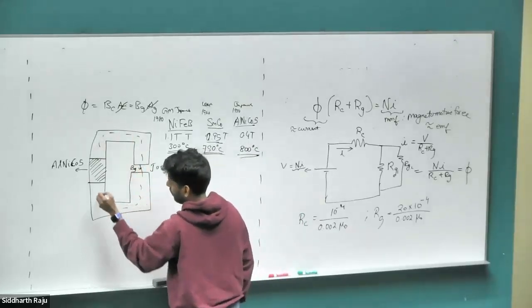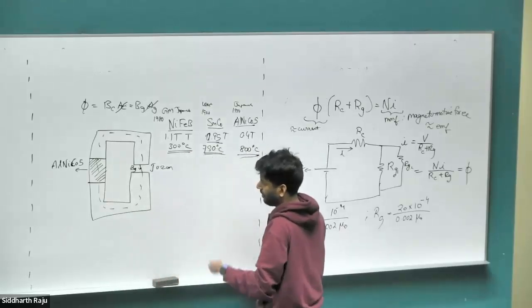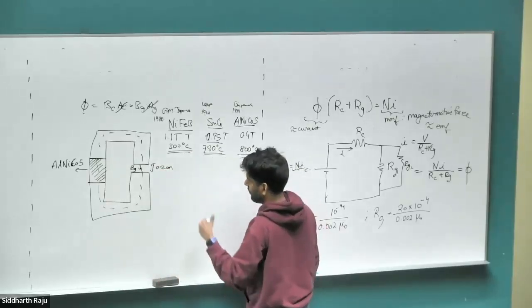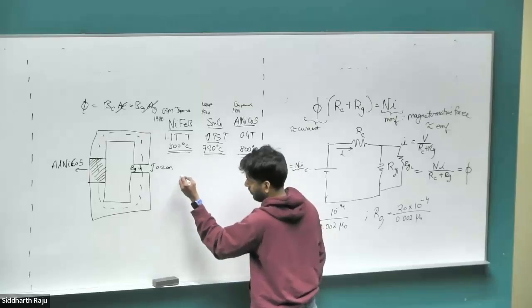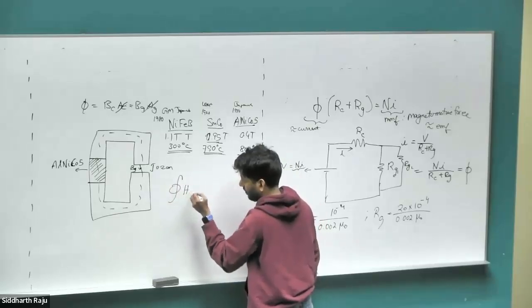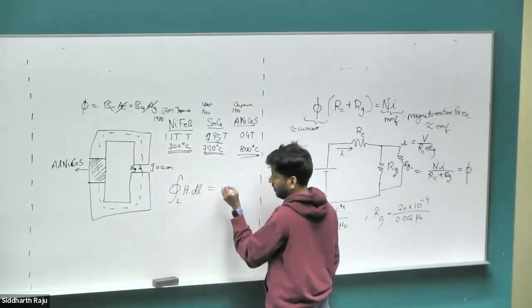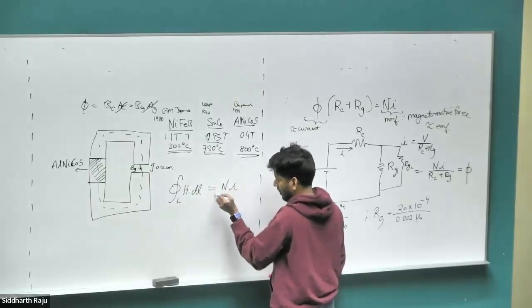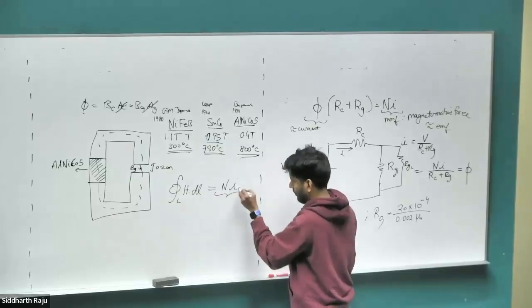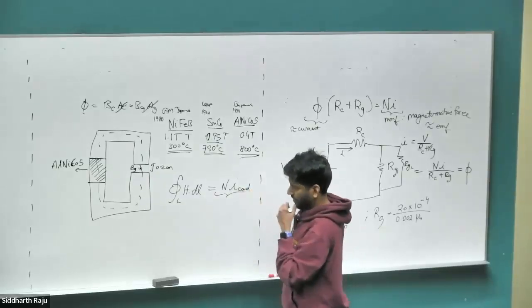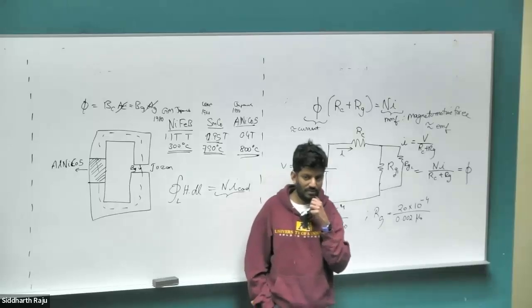So draw the loop for the path you're interested in. You want to pass through the BG. So if you go around, integrate the H field over this loop, it has to be equal to N times I conductor. What is the right hand side going to be in this case?